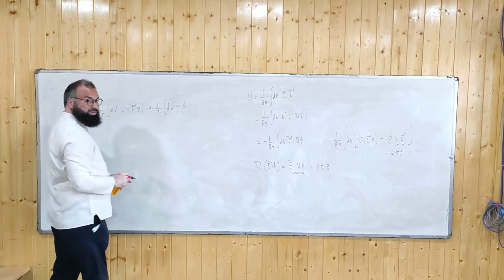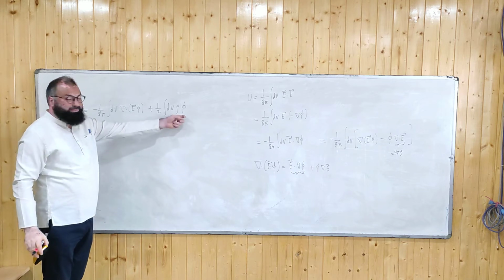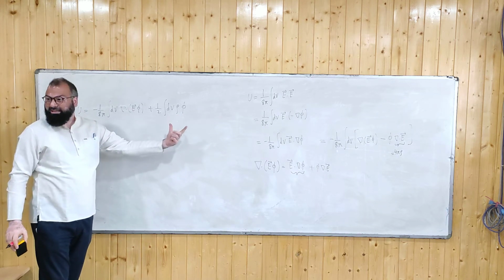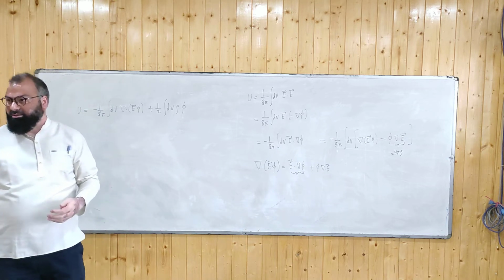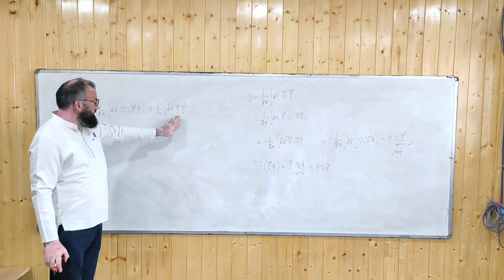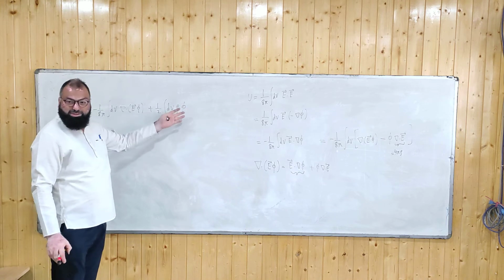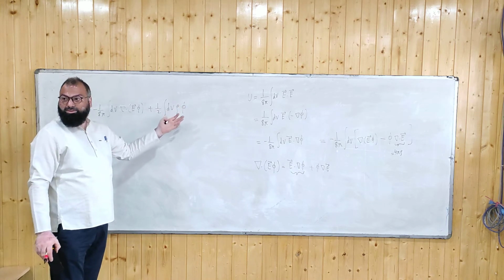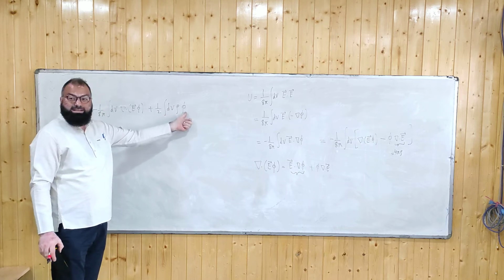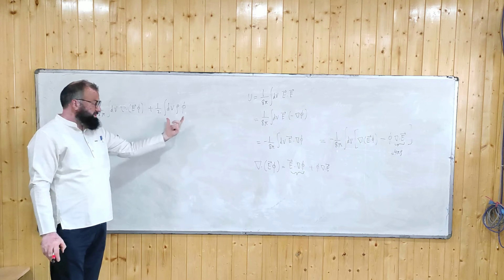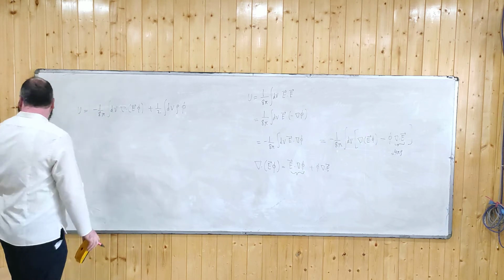Rho is the charge density and phi is the potential, the potential created by the charges in a given region, the charges for which the density is rho. So you have a charge distribution, or charge density rho, that creates this potential phi. We'll try to interpret this result in a moment.